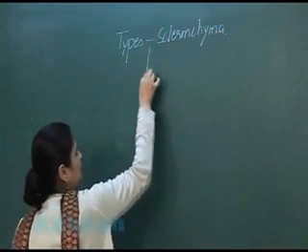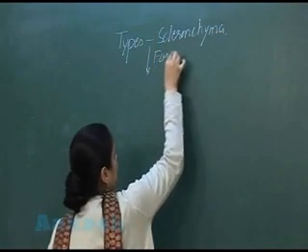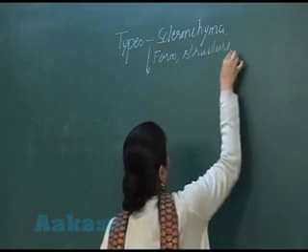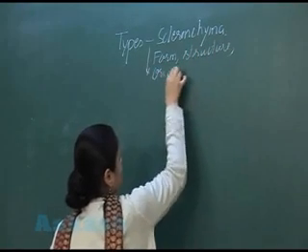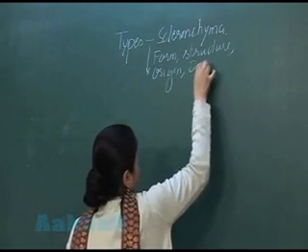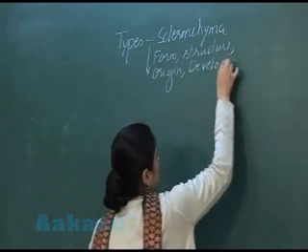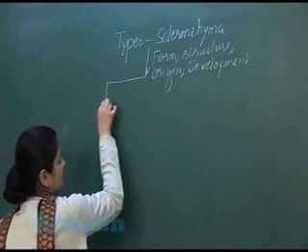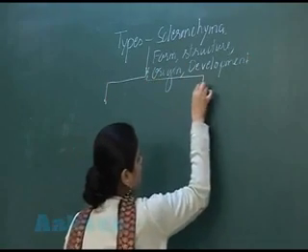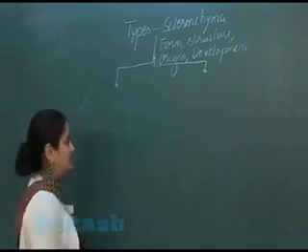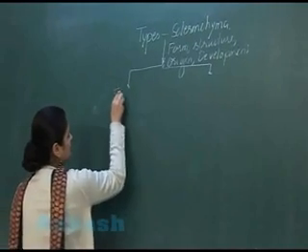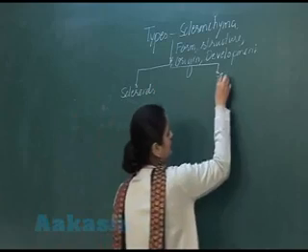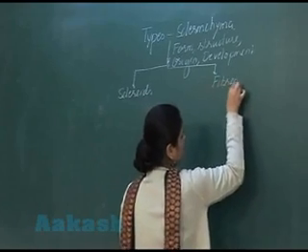On the basis of form, structure, origin, and development, the sclerenchyma is broadly divided into two types: sclereids and fibers.